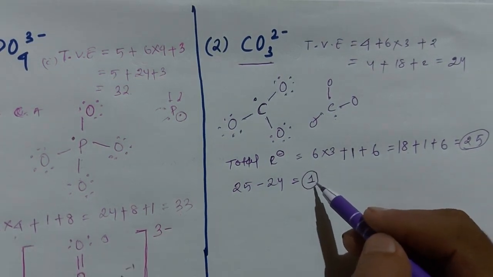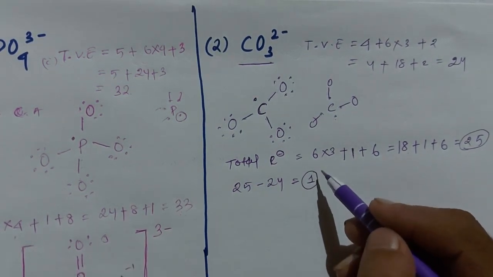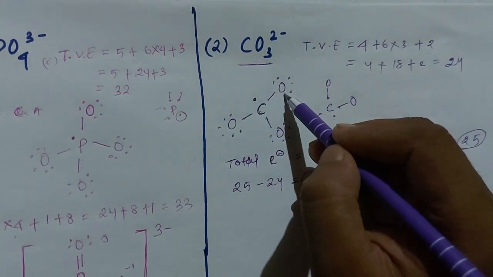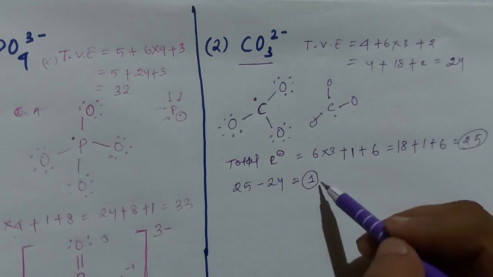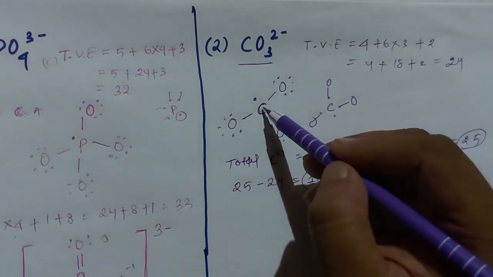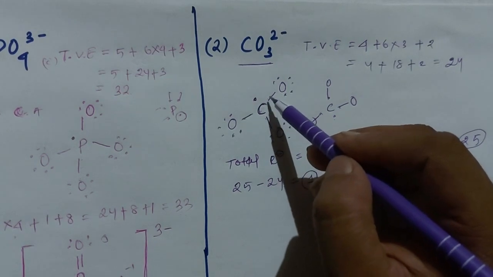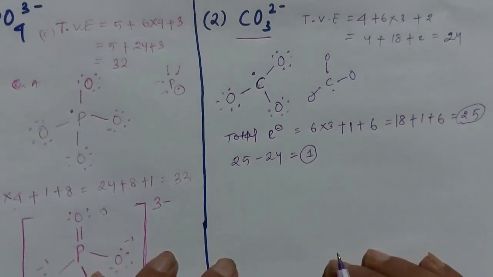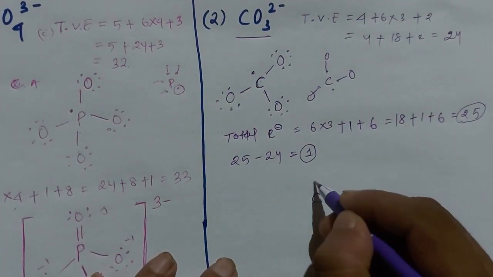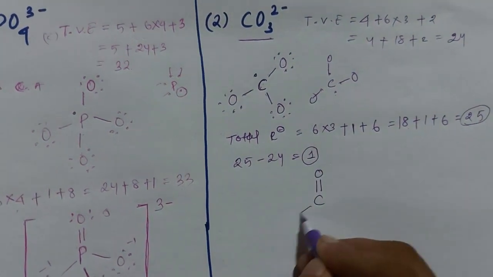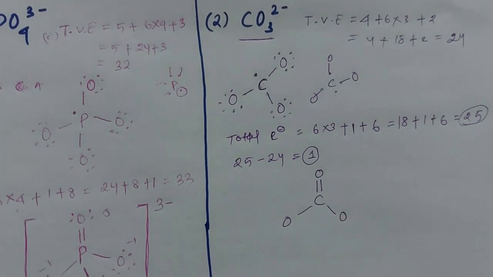We get 1 here, so we add 1 bond between the central atom and terminal atom. Whatever value we get, we add that many bonds between the central atom and terminal atom. So we make 1 extra bond and make the new structure. Carbon has 1 extra bond with this oxygen and the other oxygens remain as they are.